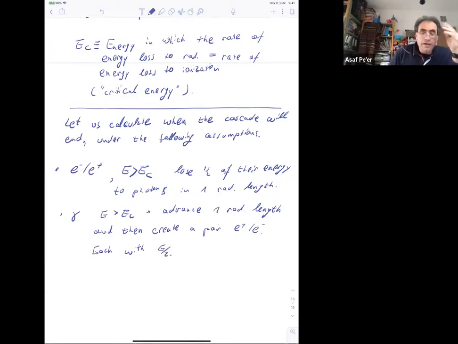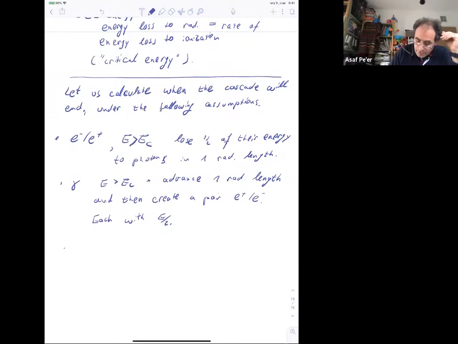And when the electron or positron have energies less than the critical energy, then they stop radiating, and they lose all the energy by scattering. So when E is less than EC, no more radiation. Everything is lost to scattering.